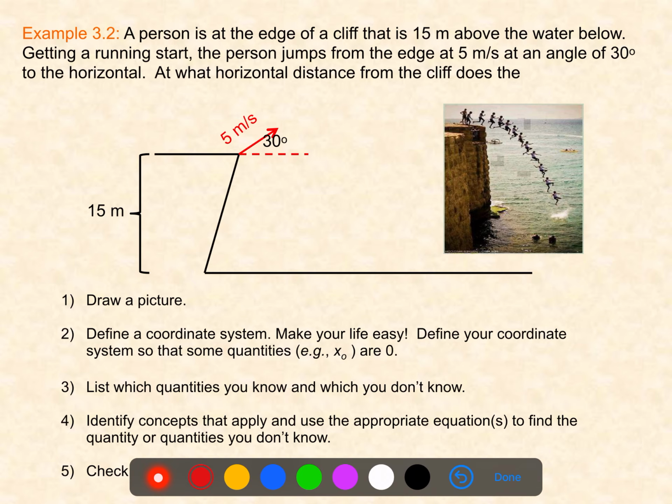The first equation that we used was the equation in the y direction for position. And in using that equation, what we did was solve for the time. And then we plugged the time into the equation for the horizontal direction in order to find this displacement horizontally.